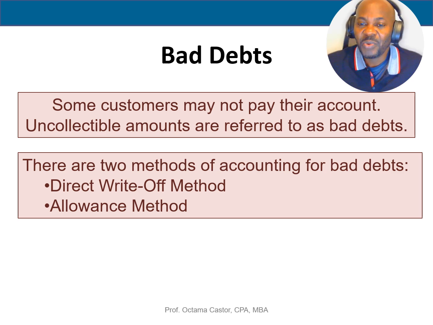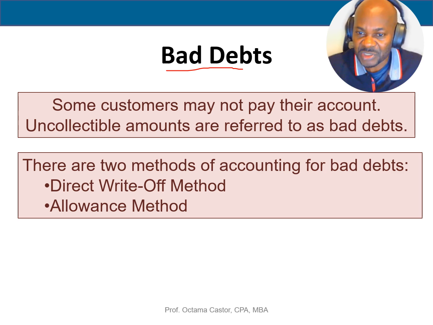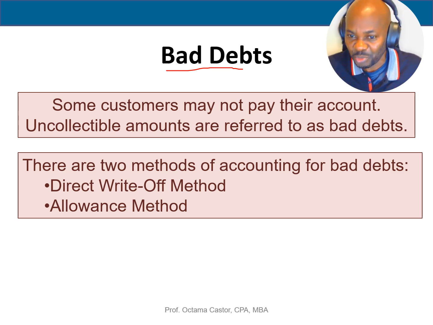Bad debt. Well, one of the issues with making a sale on account is that there is a possibility you may not get paid. That's where we talk about bad debt. Bad debt refers to when your customers' accounts receivable become uncollectible. You're not able to collect because either the customer doesn't want to pay you or they're not able to pay you.